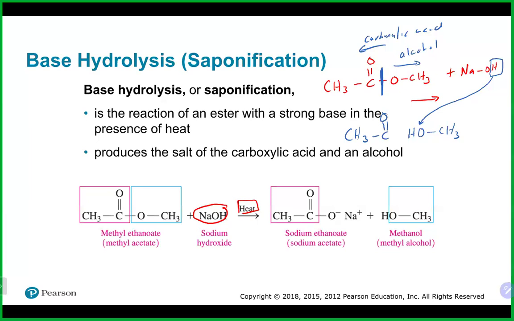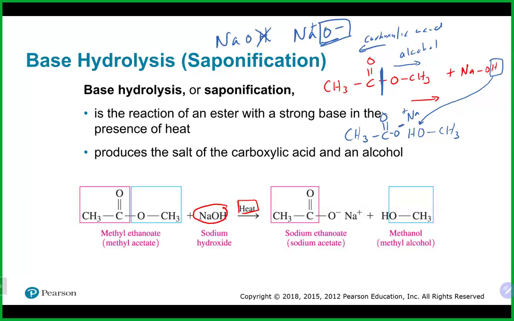But if we just look at sodium hydroxide at this point, we pretty much got rid of an H plus, which basically means we have NaO minus, and really Na plus and O minus. And this O minus will then come over here to our positive carbon, and we will get basically a salt, and the sodium will be there hanging out as well. So we will actually get a carboxylic acid salt in this case, and we will get the alcohol back.